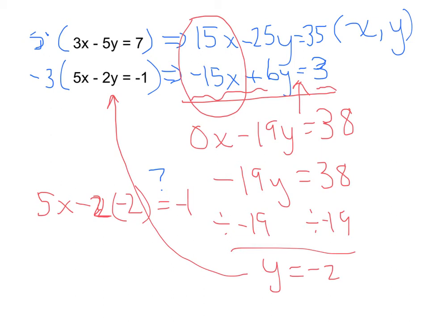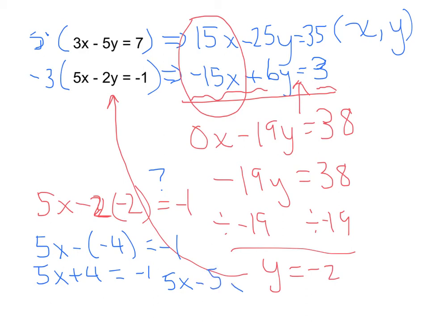So we have 5x minus negative 4 equals negative 1, so 5x plus 4 equals negative 1. If we subtract 4 from both sides, we get 5x equals negative 5, and we wind up getting x equals negative 1. So we're arguing that x equals negative 1 and y equals negative 2 is an ordered pair that will work for this. Let's check in our first equation.